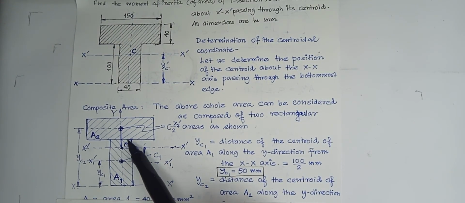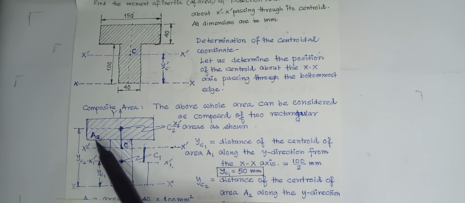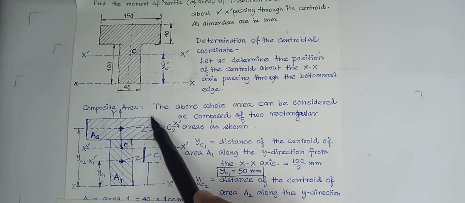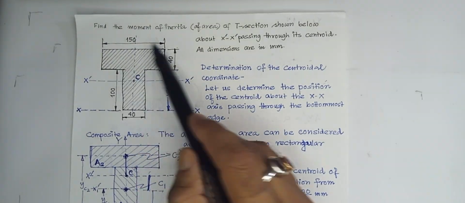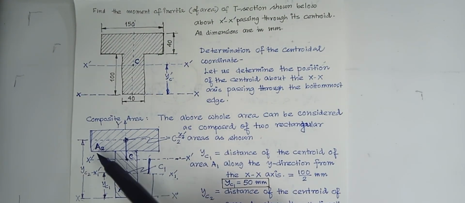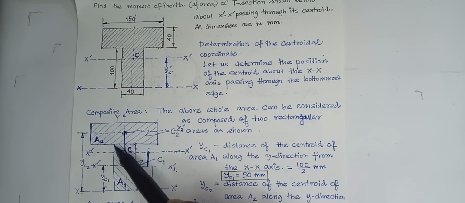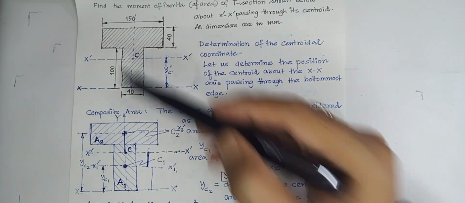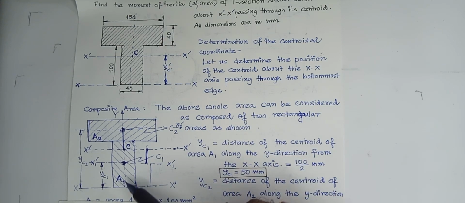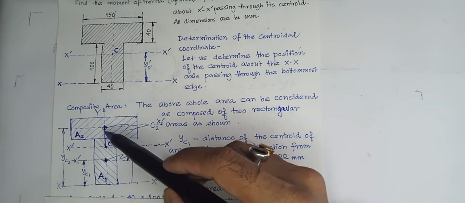That means I have drawn a line through this point, and therefore this can be considered as a rectangle of width 150 and 150 by 40. This is A2 and this is A1. A1 is 40 mm by 100 mm. So two regular areas A1 and A2 are considered, and for these two we know the centroids.